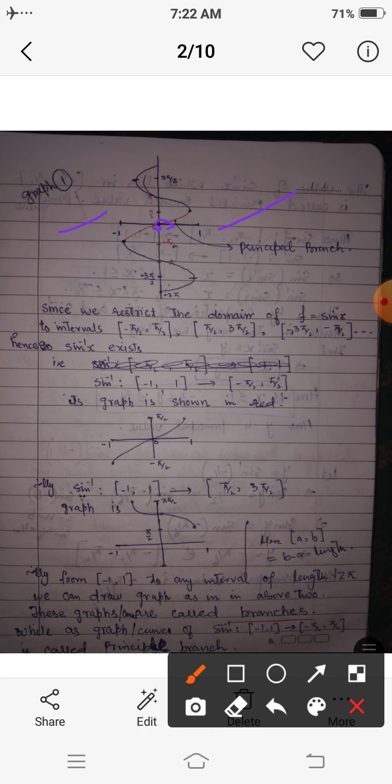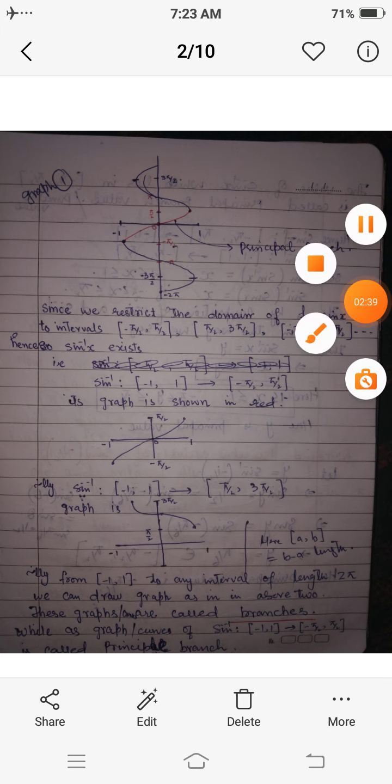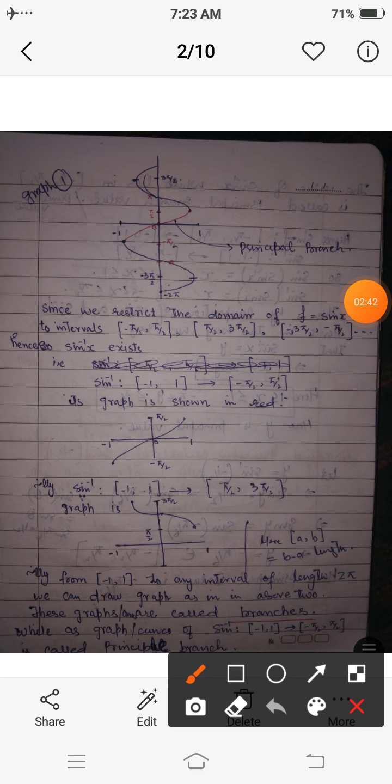When x is 1, its value is pi by 2, that is this point. And when x is minus 1, its value is minus pi by 2, which is this point. When we join these points, we get the graph like this. So this is the required graph in the interval minus pi by 2 to pi by 2.